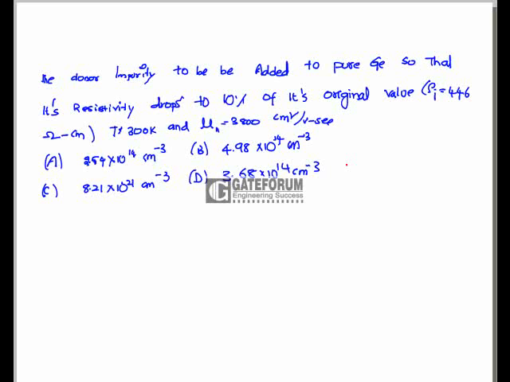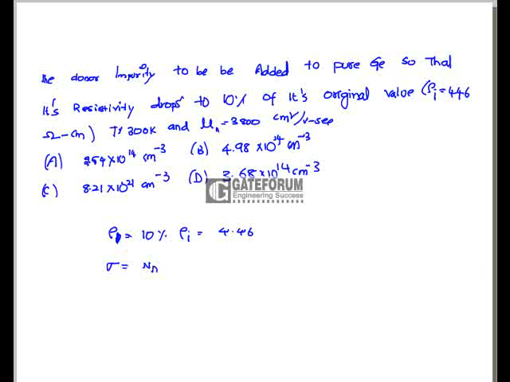Impurity to be added to pure germanium so that its resistivity drops to 10% of its original value, which is 44.6 ohm centimeter. T equals 300 degrees Kelvin, and mu n, the mobility of electron, is equal to 3800 centimeter square per volt second. So here resistivity is 10% of its original value, that is rho is 10% of rho i, that is 4.46.